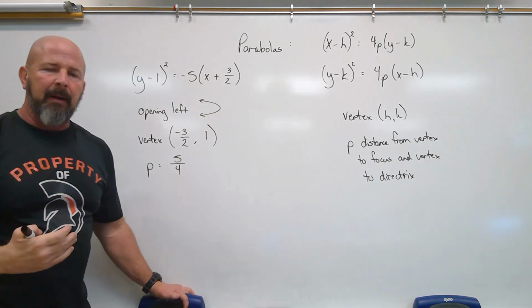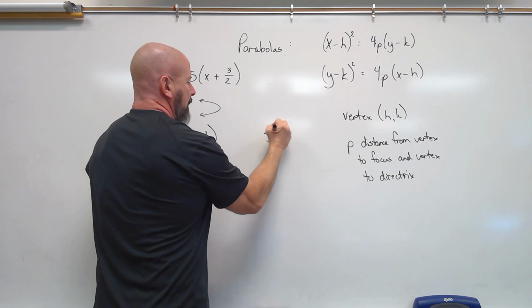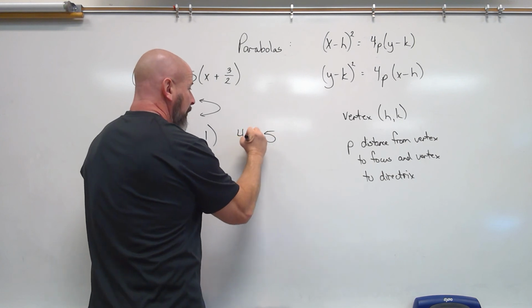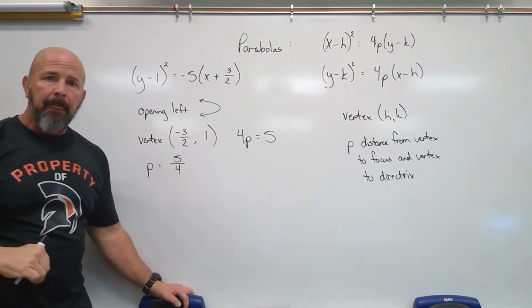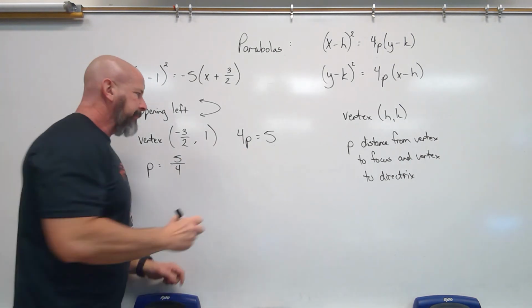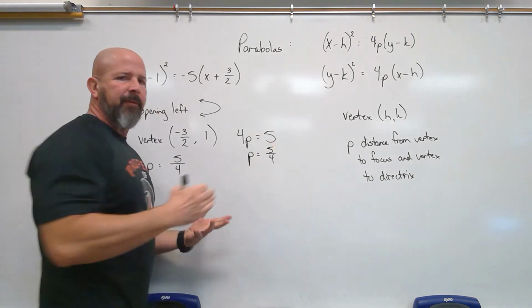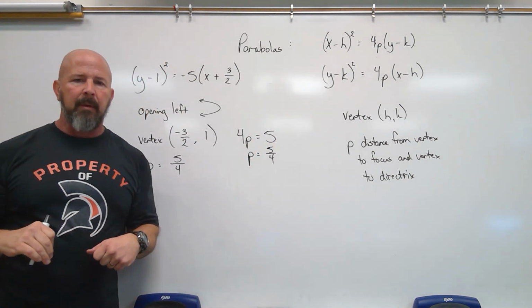I've got a 5 there. Well, where there's a 5, there's supposed to be a 4P in a general form. So that would mean 4P equals 5, which means P would have to be 5/4.